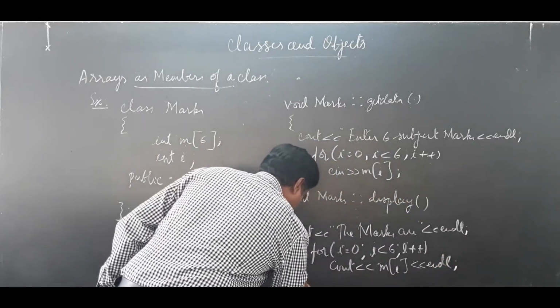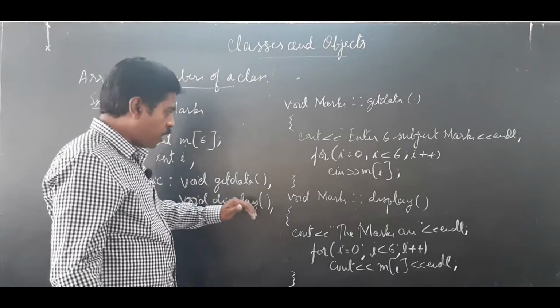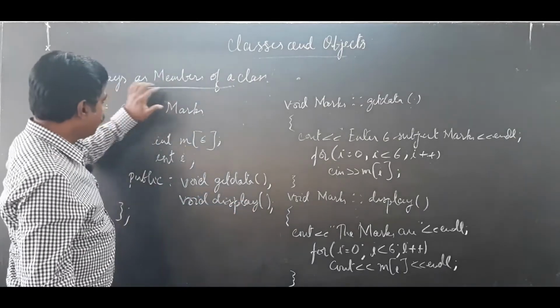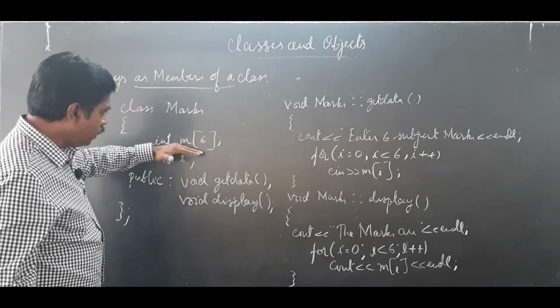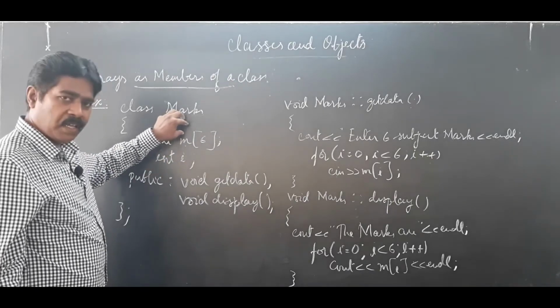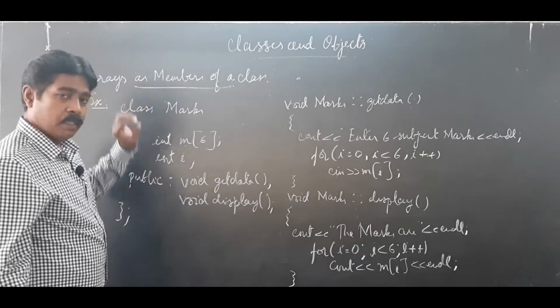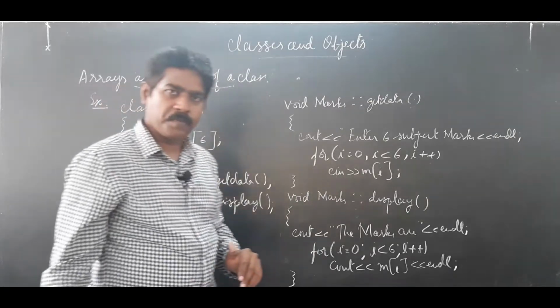I close the flower bracket. So this is about the outside class definition, but our point should be about the members, that is arrays as members of a class. This is the array which we are using as a member of the class marks according to the topic. So this is about arrays as members of a class.